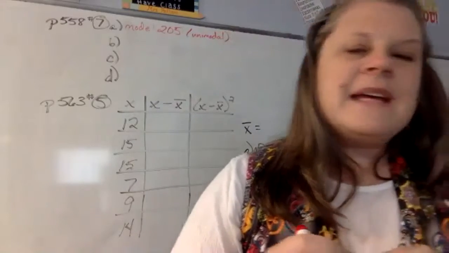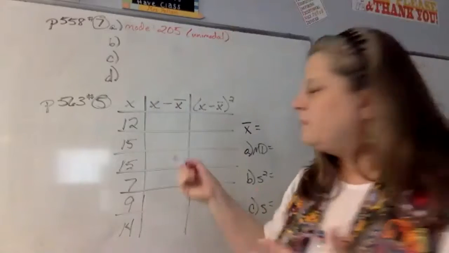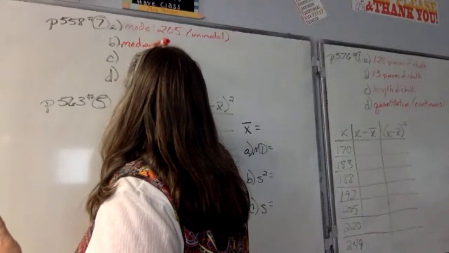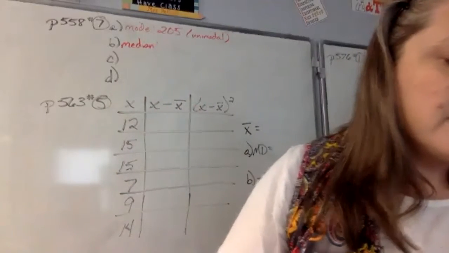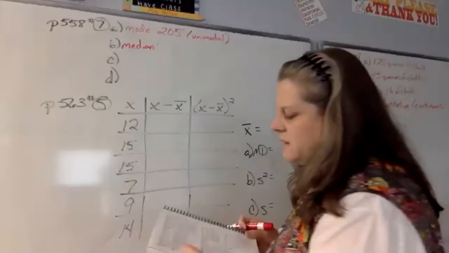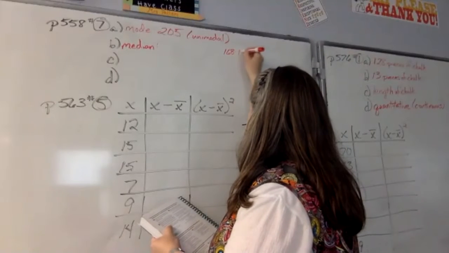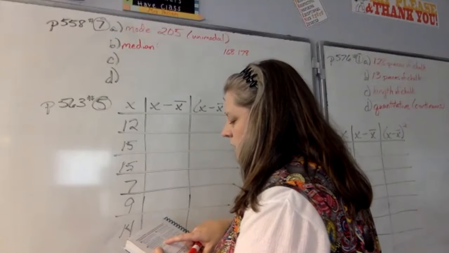Okay, part B is the median. Now, to be able to find the median, we have to do something first. We need to put the numbers in order from least to greatest. So my smallest number of graduates, it looks like, was the 168, and then 178. Those are the only ones in the hundreds.